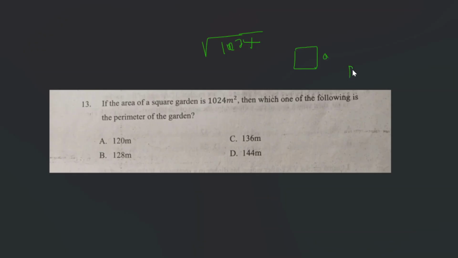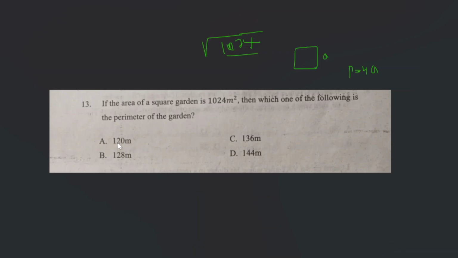So the P is 4A. So you could actually try to divide this number by 4 to find A. And then when you find A, you can multiply it with itself to get 1024.